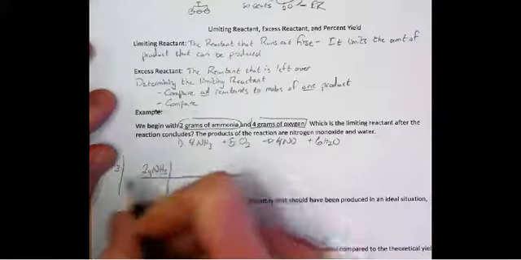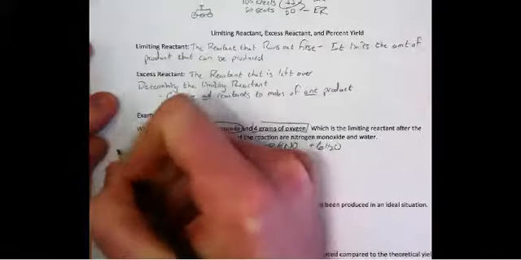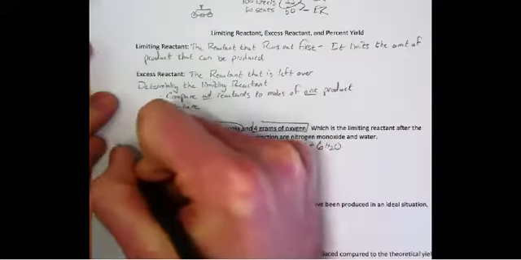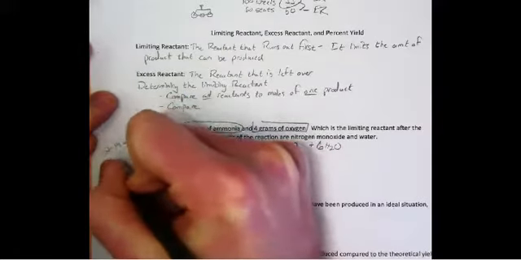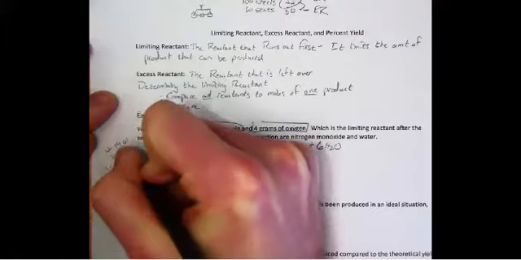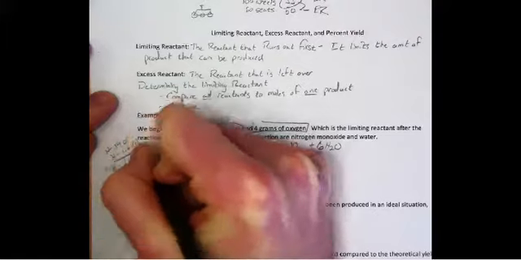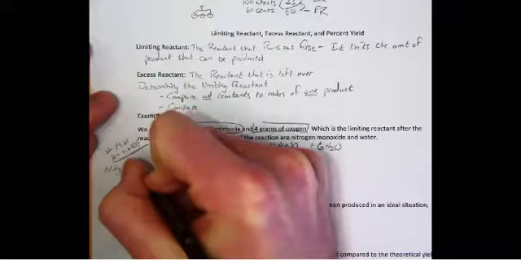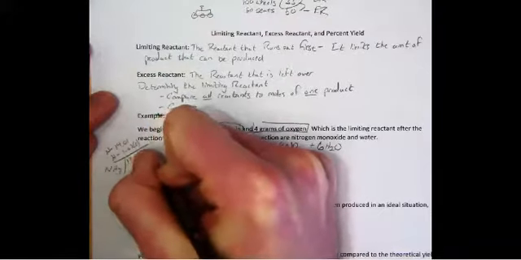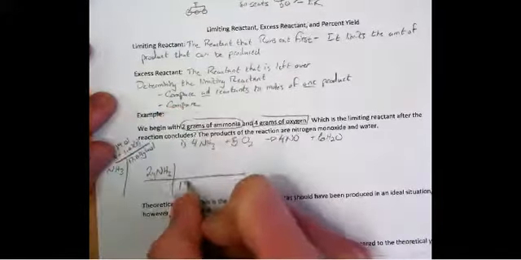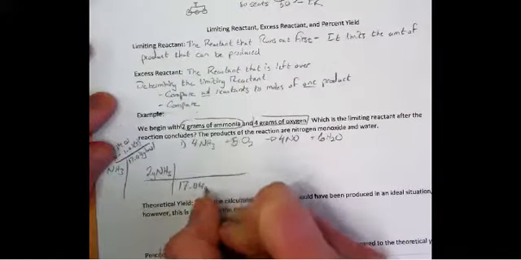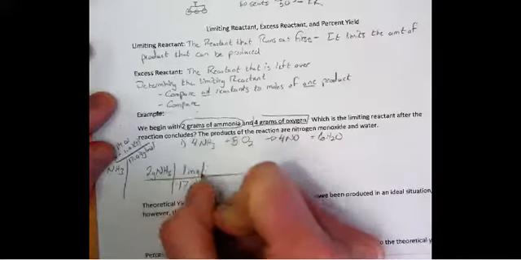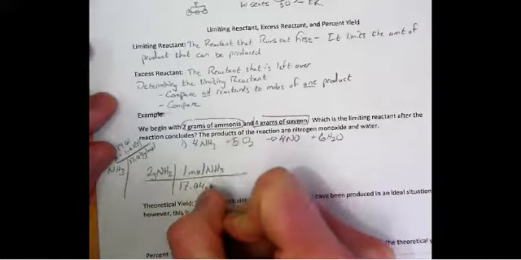Down below, we need to add up our molar mass for NH3, so 14.01 for nitrogen, hydrogen 1.01 times 3. 14.01 plus 3.03 gives us 17.04 grams per mole. 17.04 grams per 1 mole NH3.